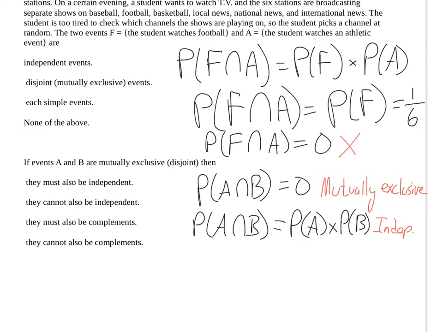We're not talking about impossible events, right? So that's something that it's assuming. So we're going to keep that in our back pocket. So we know from this that they don't have to be independent. I mean, we learned that up here. So, mutually exclusive events don't have to be independent.